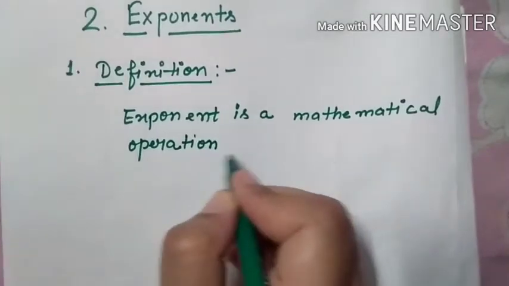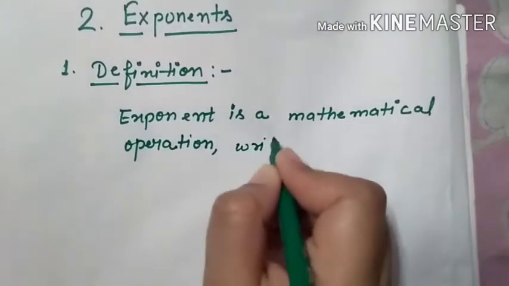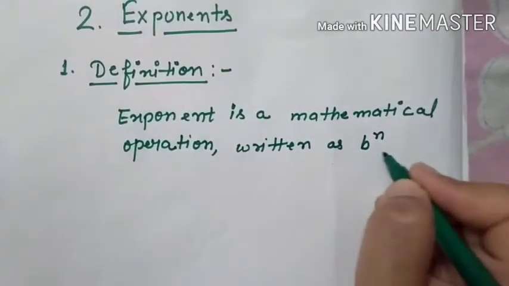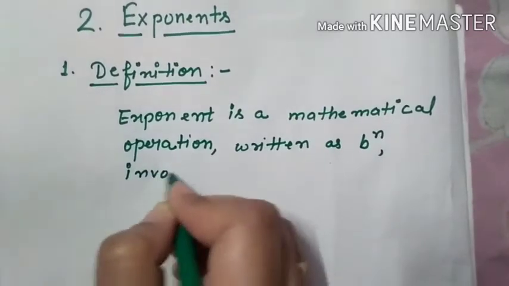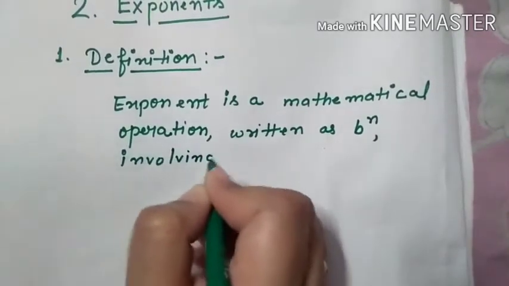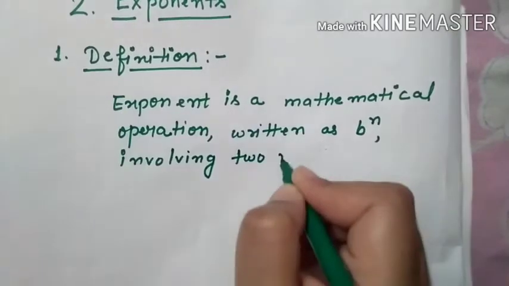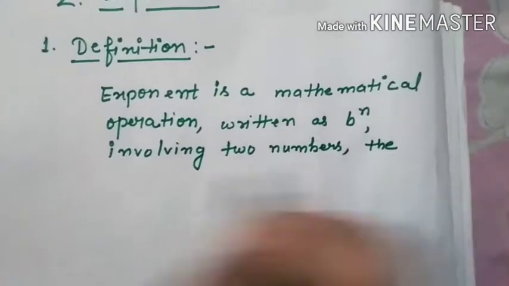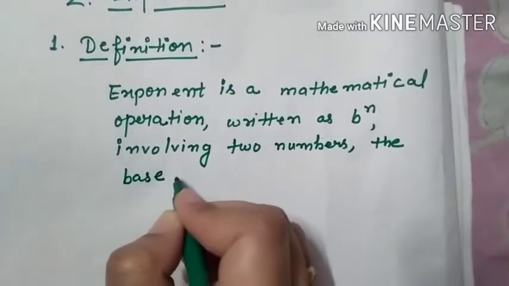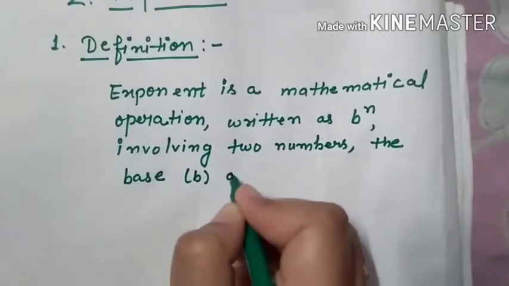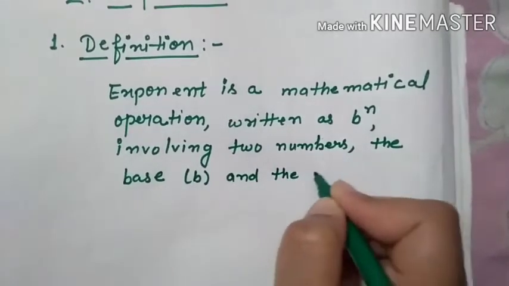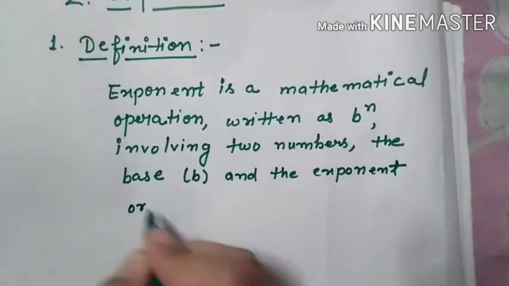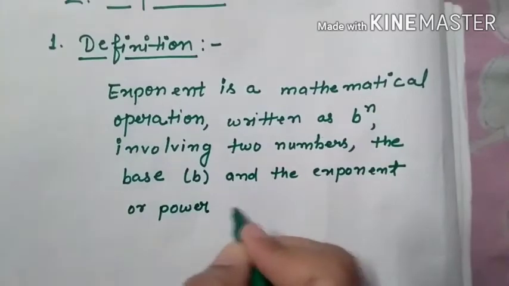It is a mathematical operation written as b raised to the power n involving two numbers, the base, that is b, and the exponent, or we can call it power also, power n.